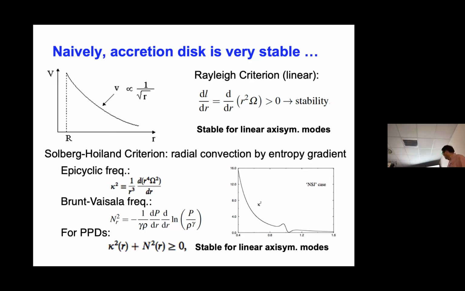And because the pressure is small compared to the v_K squared, usually that number is also positive. So the disk is stable for axisymmetric perturbations by the Rayleigh criterion, as well as to radial convection by an entropy gradient. So that has been the challenge for many years.